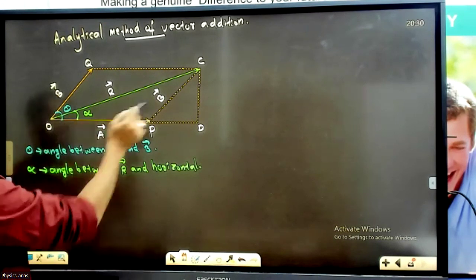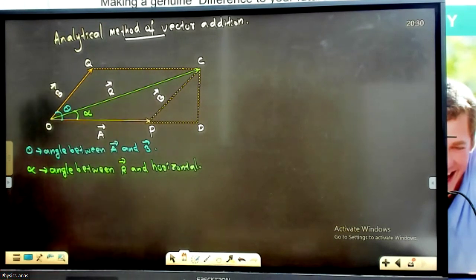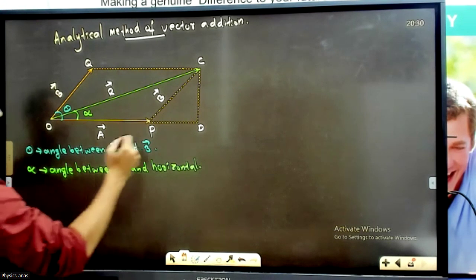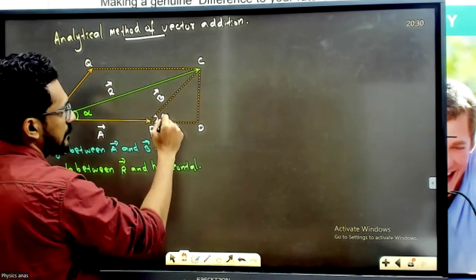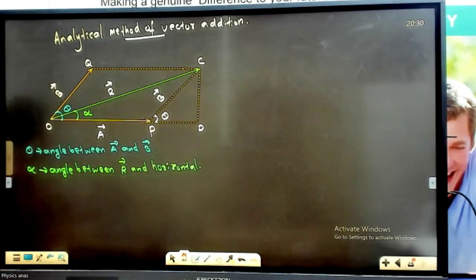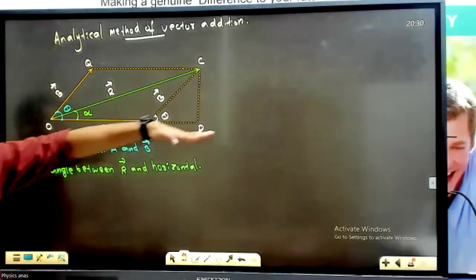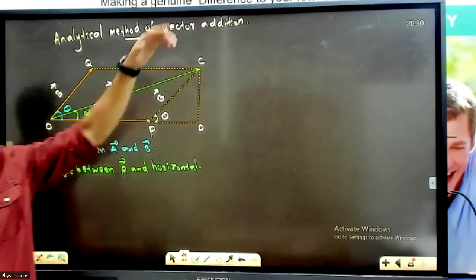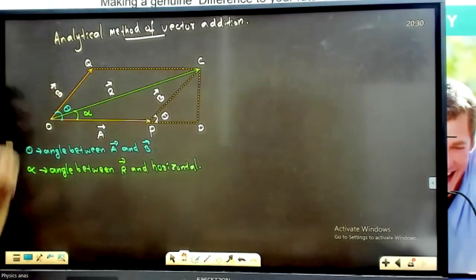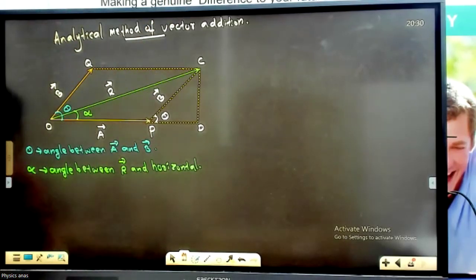And if this is theta, this also will be theta. This is the horizontal line, this is the parallel line.